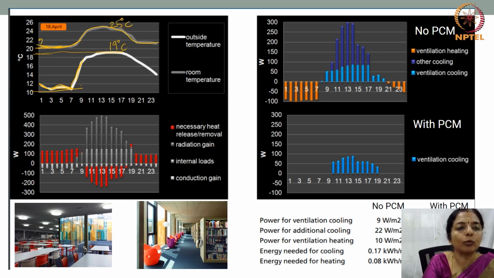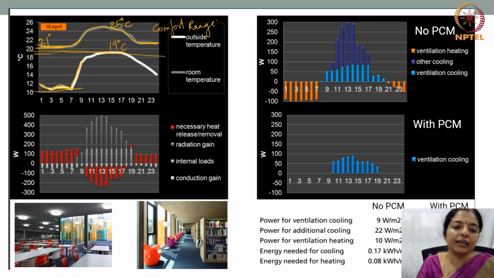We also saw that this is very much within the desirable comfort band range, because of which there is a dramatic reduction in the use of air conditioning of the building.